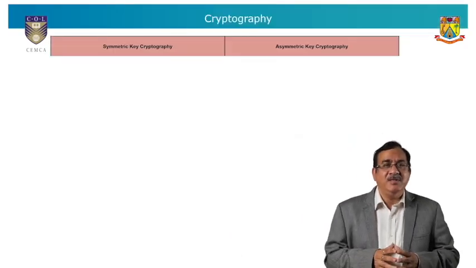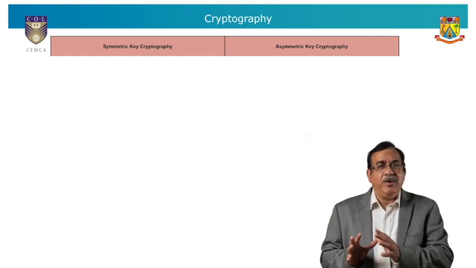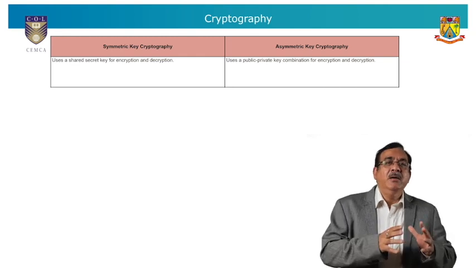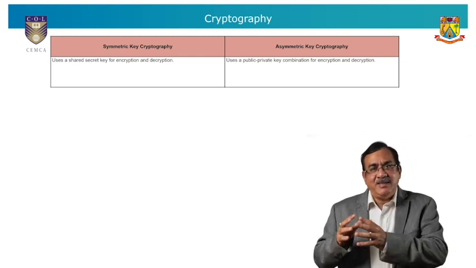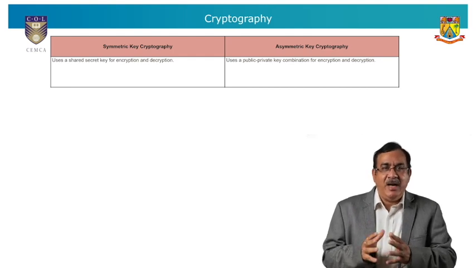What are the key differences then between symmetric and asymmetric cryptography? Symmetric cryptography uses a shared secret key for encryption and decryption, whereas asymmetric cryptography uses a public-private key combination for encryption and decryption.